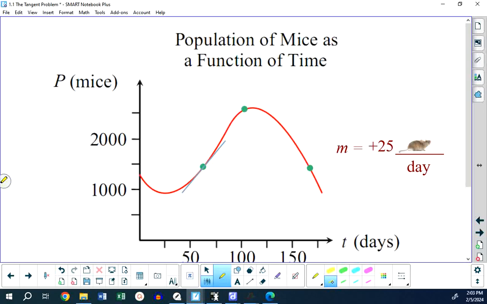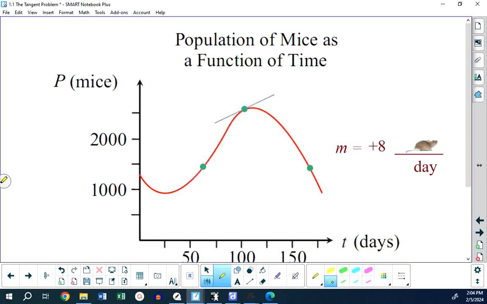Then what I said was, if the slope of that line is 25 mice per day, then the mouse population at that instant is increasing at 25 mice per day, right? Remember that? But when I say that, I'm no longer talking about this line, I'm talking about the curve. I use the line to tell me what the curve is doing at that point.